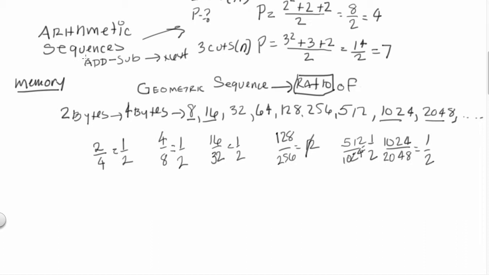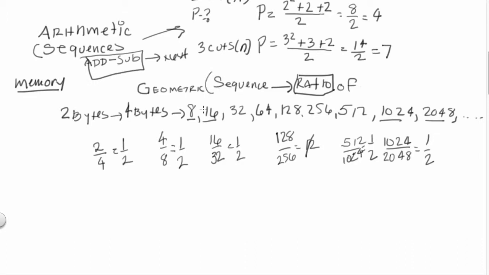So a geometric sequence will usually be a ratio. That's usually the way you can tell the difference. Arithmetic should be simple because it's arithmetic, adding and subtracting. Geometric is usually a ratio. That's probably the easiest way to tell the difference between them. Now, as far as we've been talking, we've just been talking about sequences.